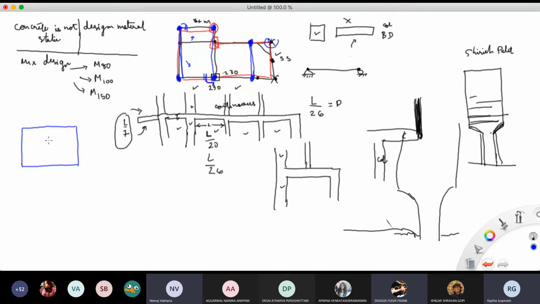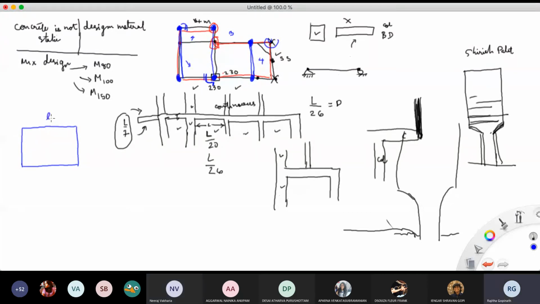But how do you decide that this has to be a one-way or a two-way slab? Ratio of the sides, I guess. Yeah, ratio of the sides. Let's say this is 3 meters and this is 4 meters. So is this slab a one-way or a two-way slab?